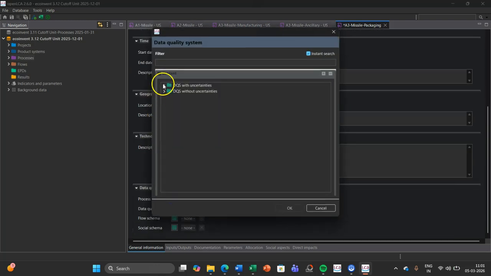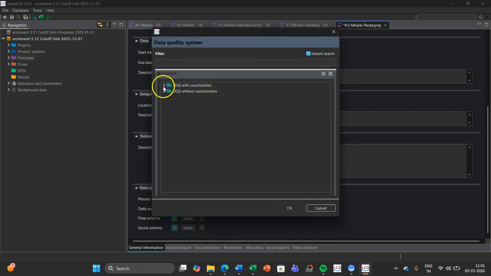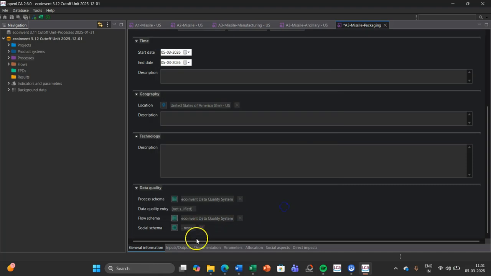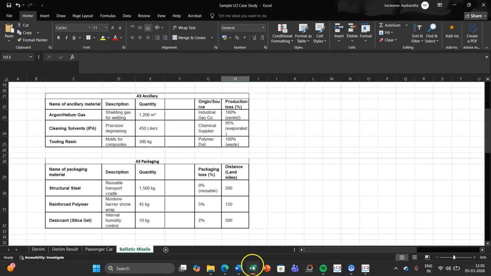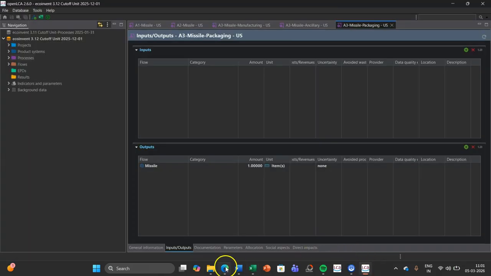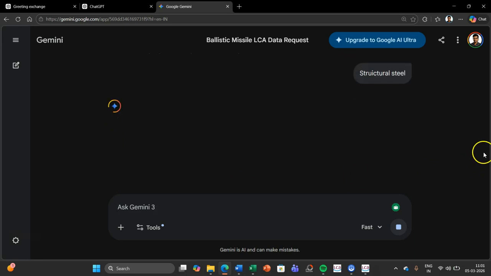The process schema, the flow schema. Okay, what are the materials? Structural steel, reinforced polymer, silica gel, structural steel. Okay, the specific structural steel.